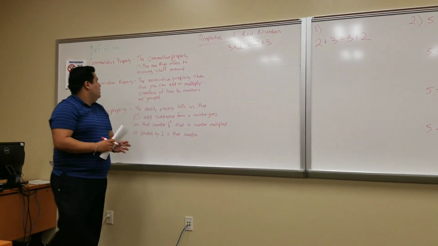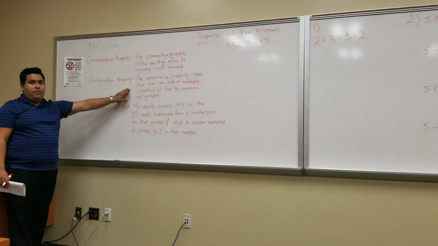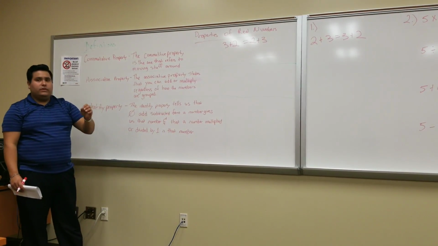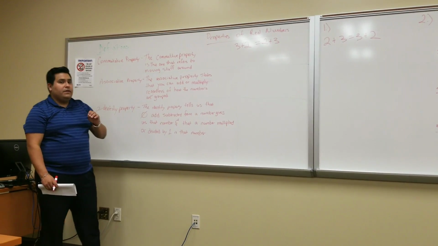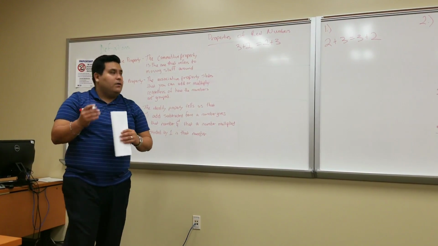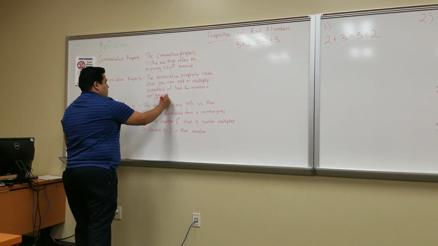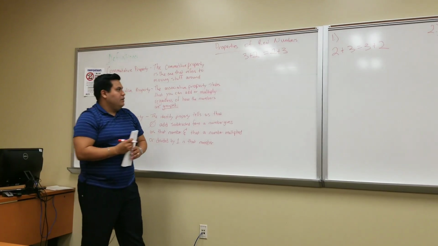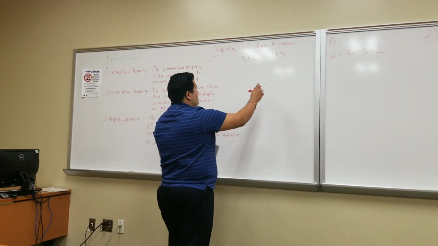Okay? Next, we're going to look at associative property. The associative property states that you can add or multiply regardless of how the numbers are grouped. Now, what do I mean by the word grouped? By grouped, let's underline that. By grouped, I mean where the parentheses are in the problem. So let's look at another little example here for you.